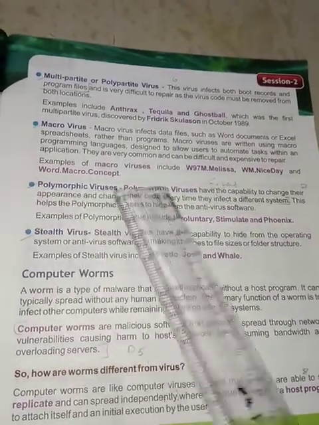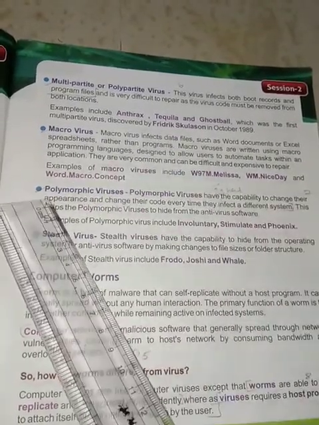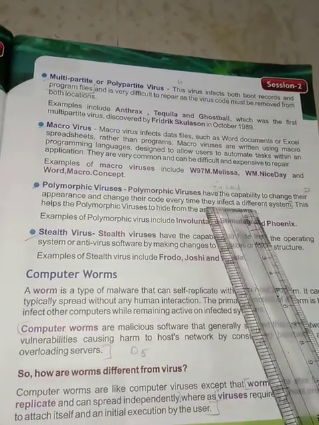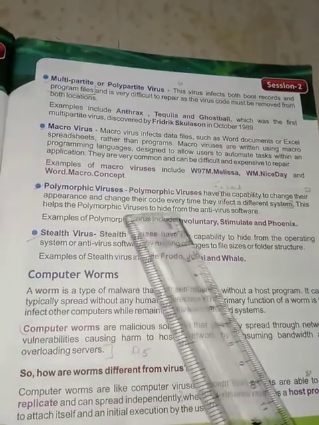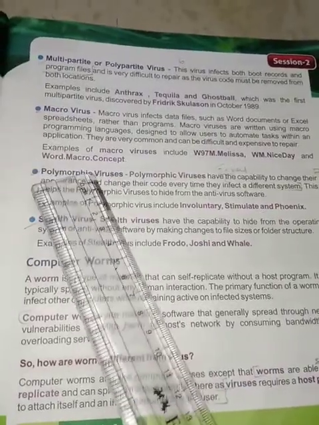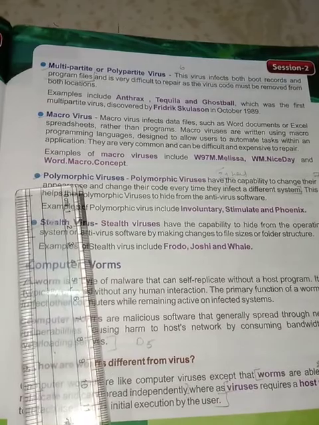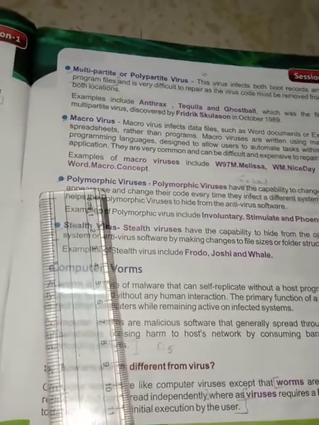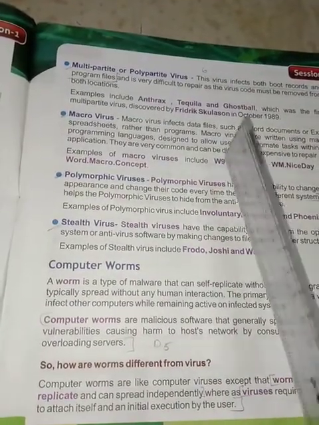Polymorphic viruses. Polymorphic viruses have the capability to change their appearance and change their code every time they infect a different system. This helps the polymorphic virus hide from antivirus software. In one program it may infect in one way, and in another program in some other way.